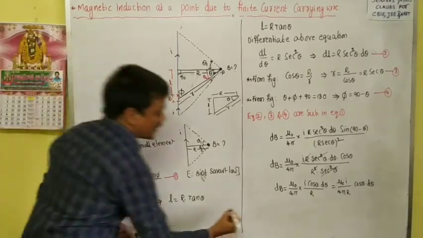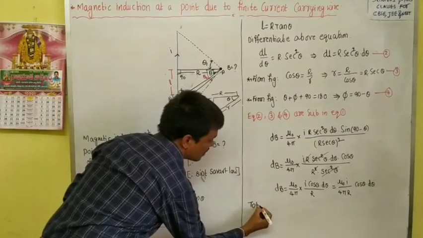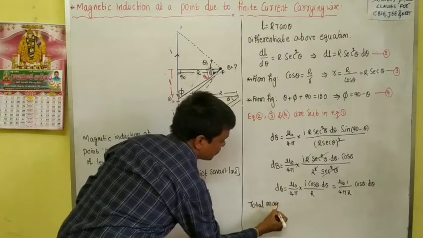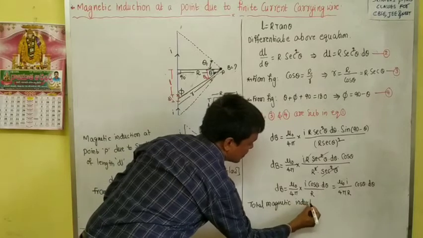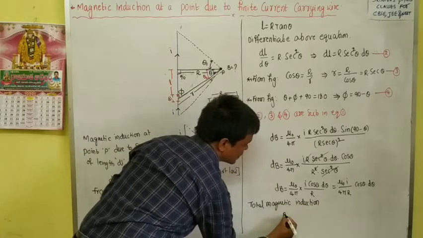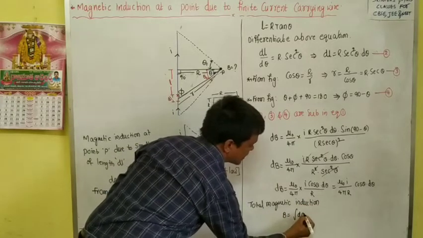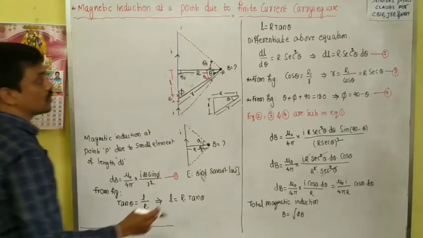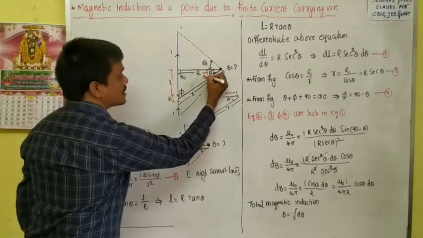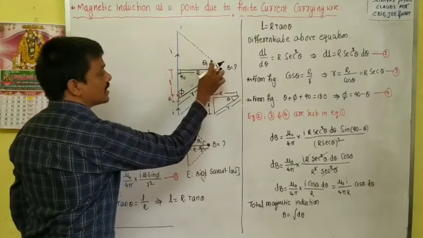Now I want the total magnetic induction, that is B. How will you get B? Integration of dB. Integration from where to where do we have to do? The limits: the lowest angle is theta 2, the highest angle is theta 1.